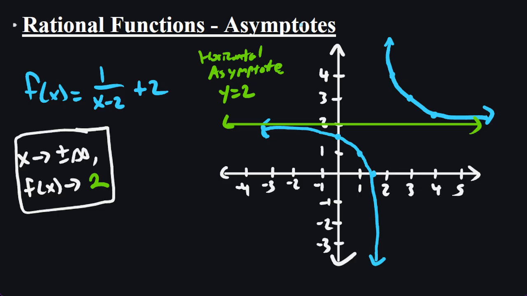So that's its horizontal asymptote, and let's go ahead and talk about its vertical asymptote. I'll draw a line right here. This line is x equals 2, and this is the function's vertical asymptote.